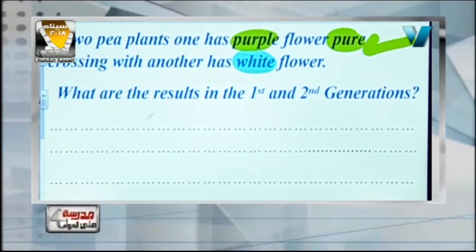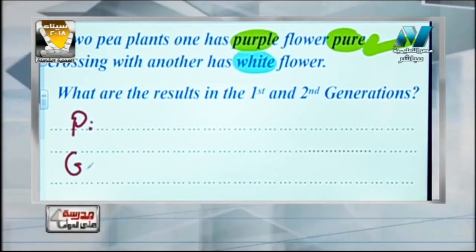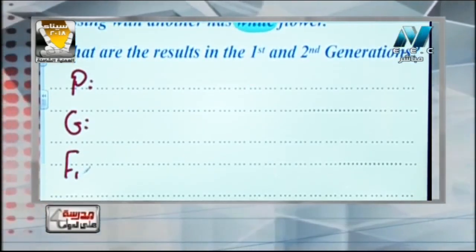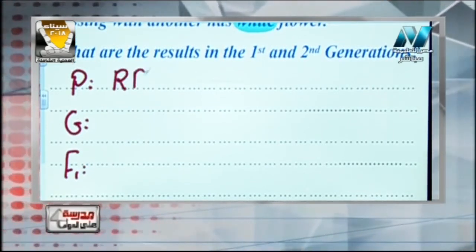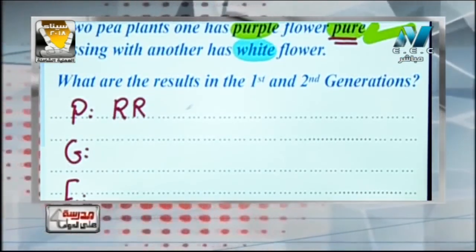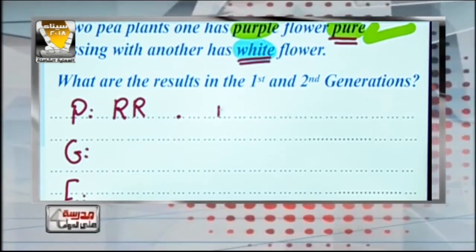Okay, parents, gametes, F1. We have purple as R capital. Why R capital? Because it said it is pure, with white, r small, r small.